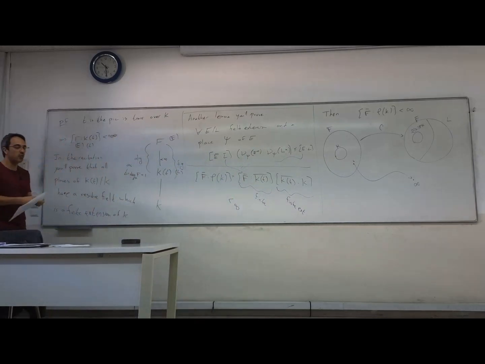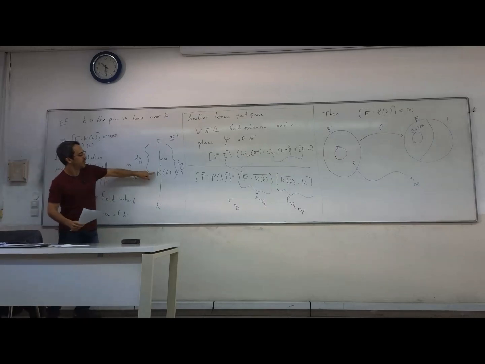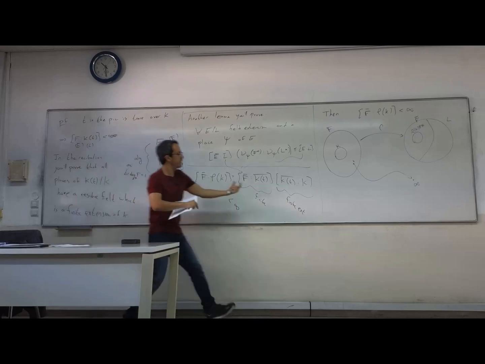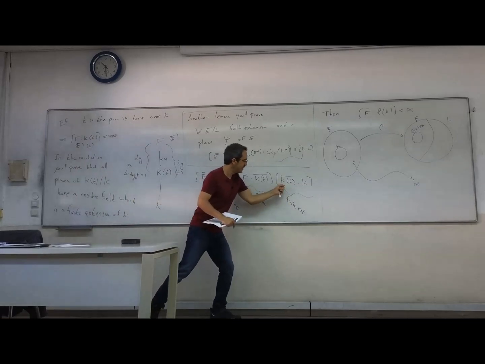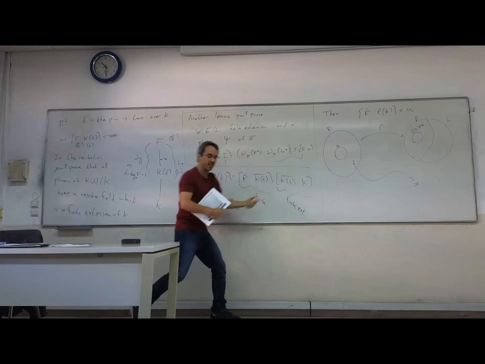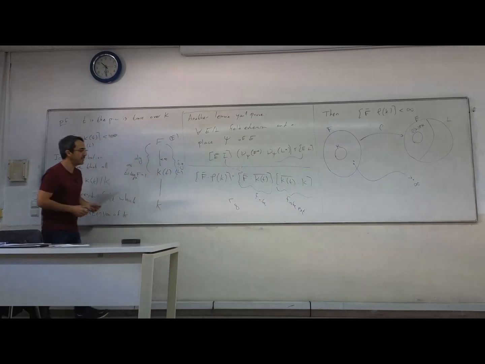Okay, so the proof strategy here was to look at a subfield, which is a rational function field within F, and given the place phi that we got, we look at phi restricted to K(t). We understand it well. In this case, we know that this is finite. This is the residue field of phi when you restrict to K(t). So you understand it well, you know that it's finite, you know all of them.